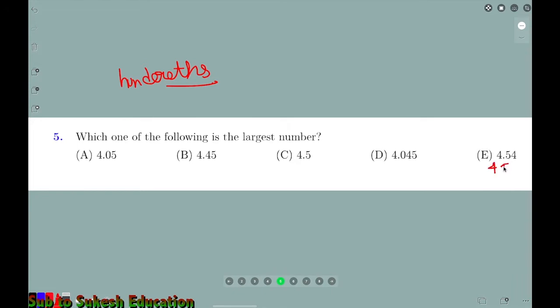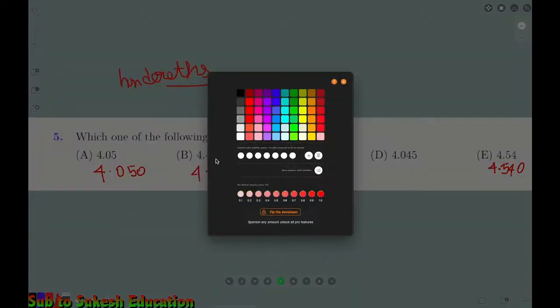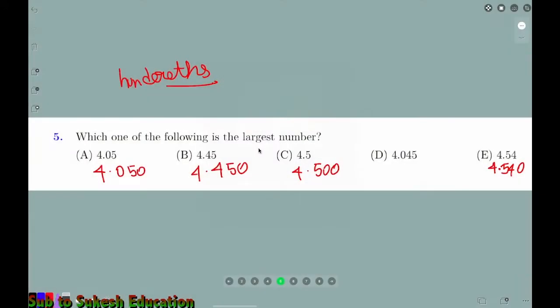So it's 4.540, because adding zeros at the end won't make any impact. 4.500, 4.450, and 4.050. So now we can easily figure out which is the largest number, right? Let me just change colors so that you can see clearly.